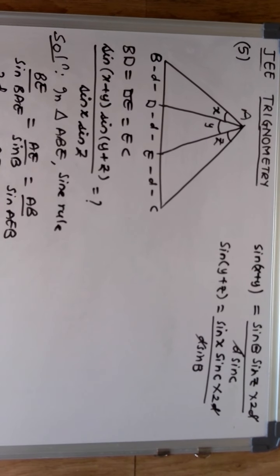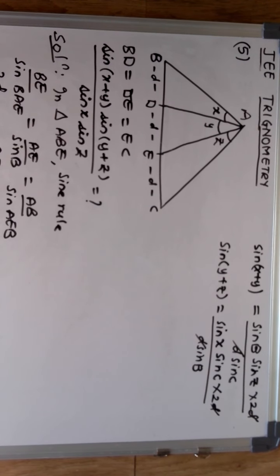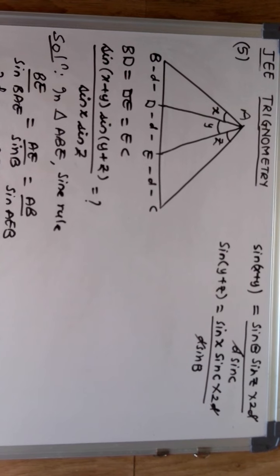So now you need to multiply and take the ratio, right? So obviously I want sin x plus y, and what I want from there is sin Z. So I will multiply them.